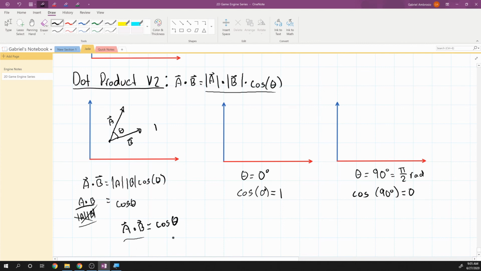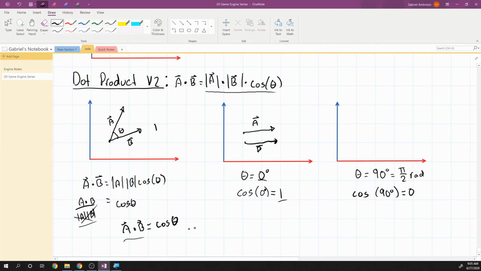What this means is that if A dot B equals 1, then that implies that theta is 0, which implies that the vectors are parallel. It does not look like it, but believe me here, they are parallel, which means that these two vectors will never collide.